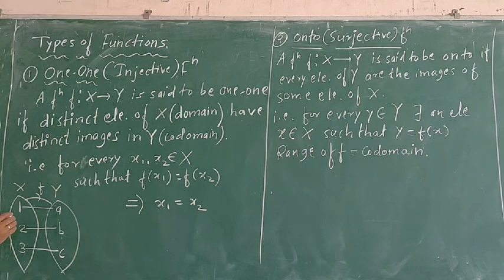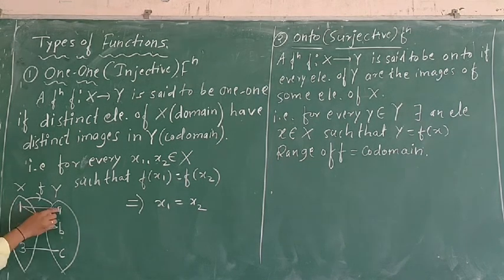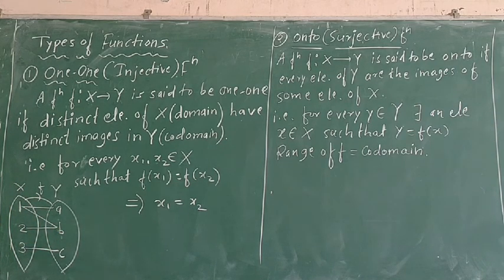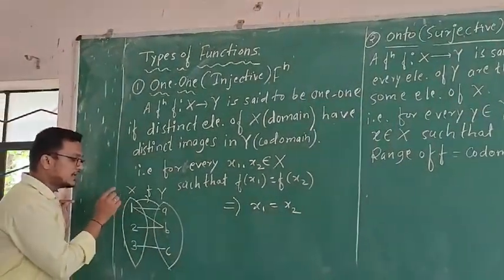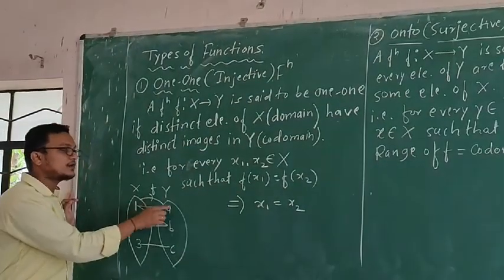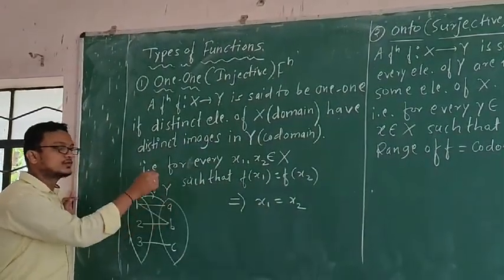Suppose now I make the image of 1 as a, and the image of 1 as b as well, now it is not a one-one function. Why? Because this b image is there for 1, and b is also the image of 2, therefore it is not a one-one function. One-one function means every element of the domain must have a unique image in the codomain.